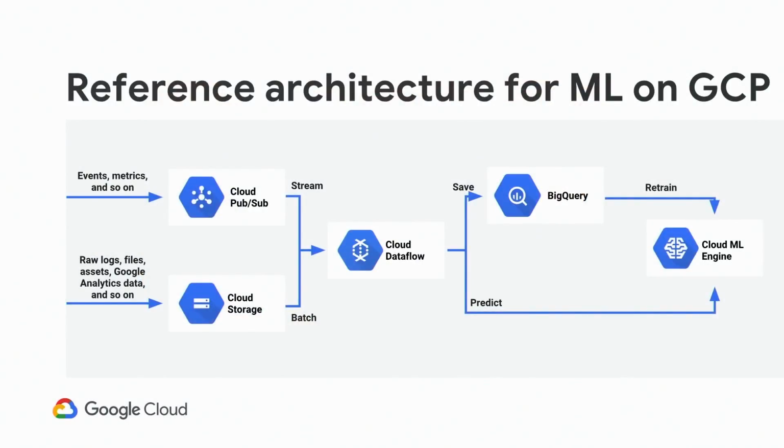Similarly, for machine learning on GCP, the architecture is that you have data. Let's look at the bottom line. You have archived data, let's say stored in Cloud Storage, and you can process it with Cloud Dataflow or Cloud Dataproc, and then save it into BigQuery and use that to train your machine learning models. And the idea is that, as Gaurav said, you basically want to end up with a microservice. One way you could do that is to get real-time data as it streams into Pub/Sub.